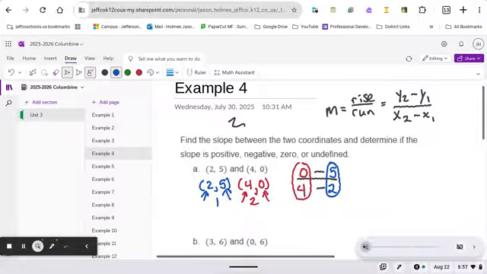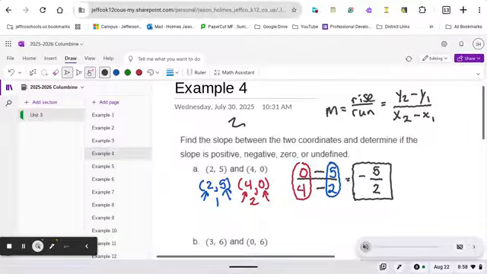This is one I can use Desmos on if I want to, but 0 minus 5 is negative 5, so it's going to be negative on the top. It could be negative on the bottom, so I don't want to assume it's a negative slope quite yet. But on the bottom, we have 4 minus 2, which is just 2. So our slope is negative 5 halves.